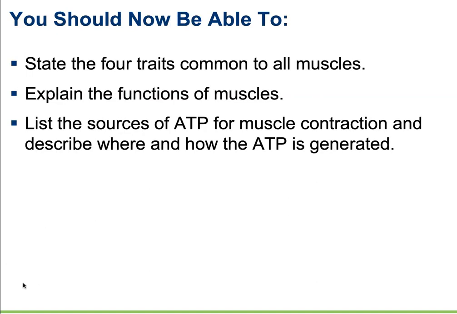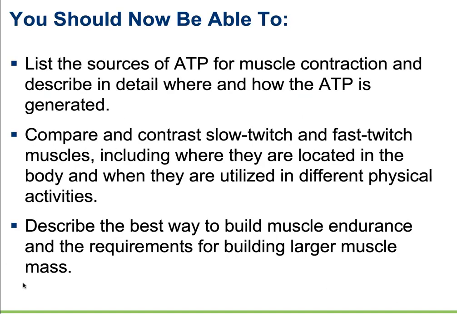All right. What I would like for you to get out of this chapter is to be able to state the 4 traits that are common to all muscles, explain the functions of muscles, list the sources of ATP for muscle contraction, and describe where and how that ATP is generated. You should also be able to compare and contrast... No, you know what?